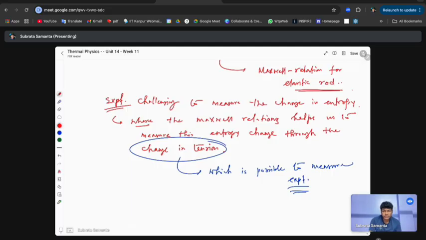Okay, any questions so far? You can use these Maxwell equations, and you can also derive this kind of Maxwell equations for other systems, like dielectric systems and magnetic systems.